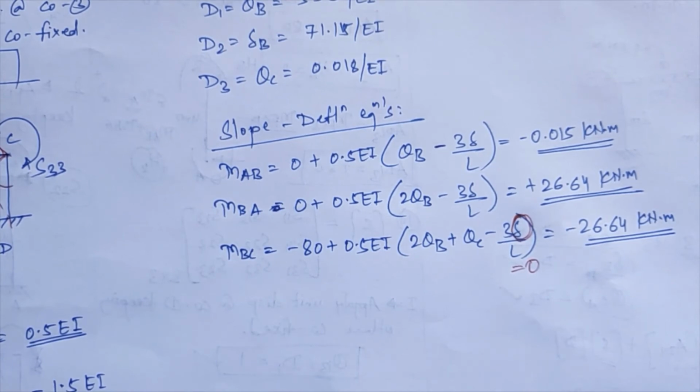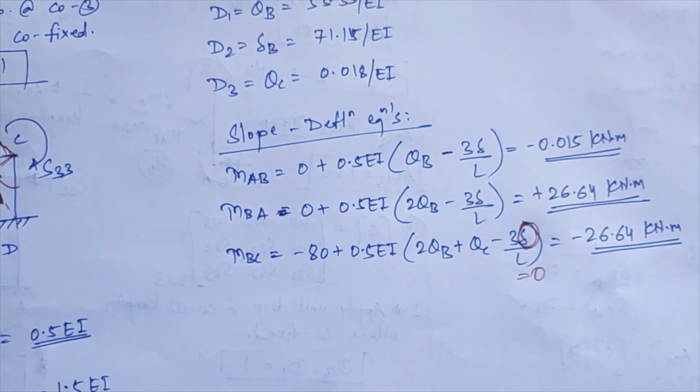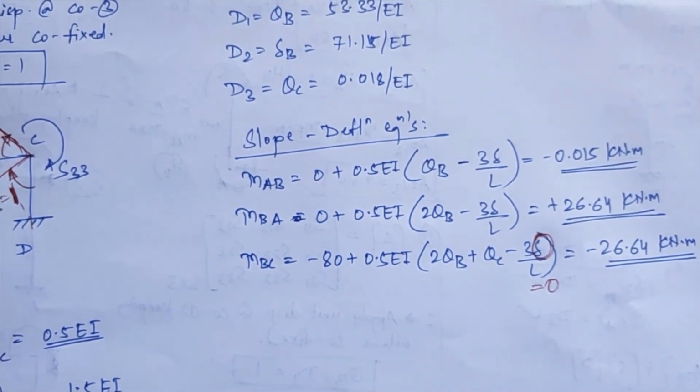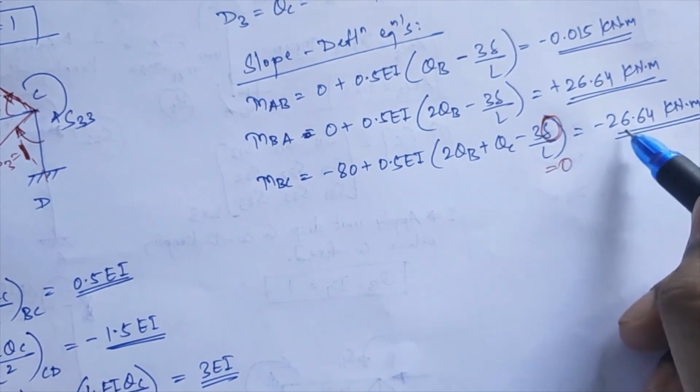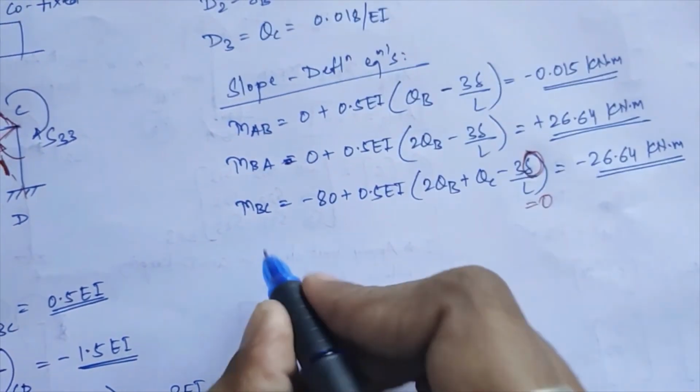If your beam is swaying in the upward or downward vertical direction, then your vertical reactions will remain 0. But in frames, your delta will be 0 for your horizontal members, that is the beam members BC and CB mostly. So here your delta will be 0, so I am getting this as minus 26.64.